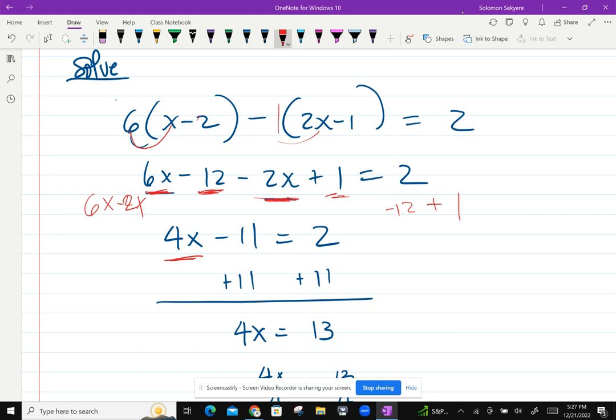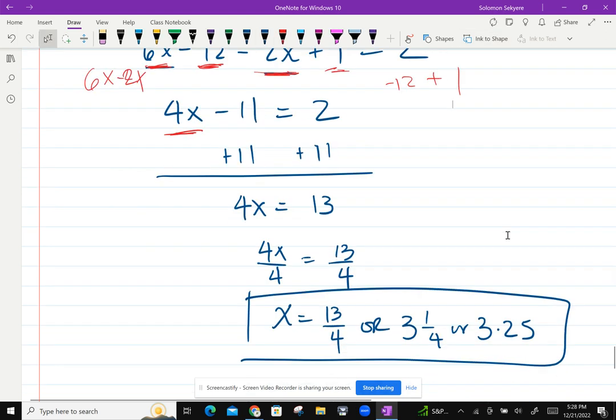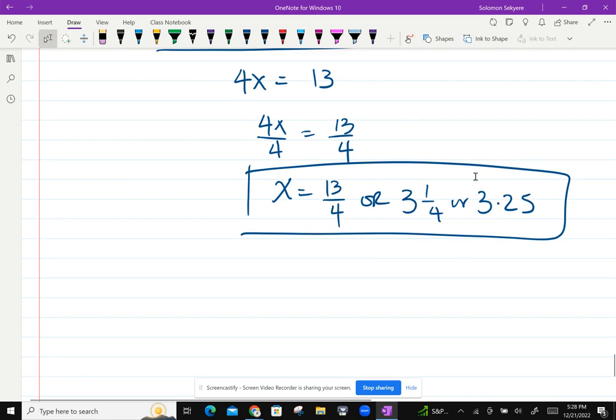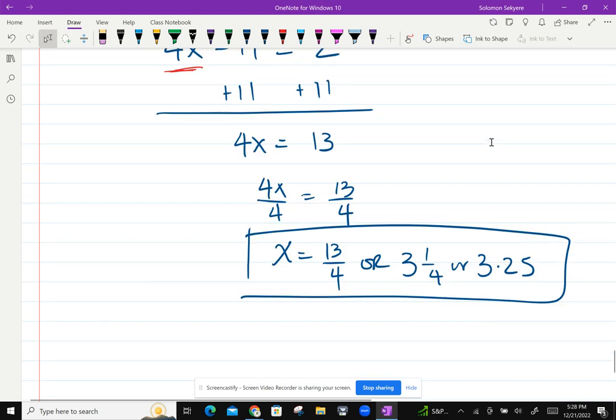So I have 4x minus 11 equals 2. How do I get to my unknown or my variable? I add 11 to both sides. I have 4x equals 13. x equals 13 over 4, or 3 1/4, or 3.25.